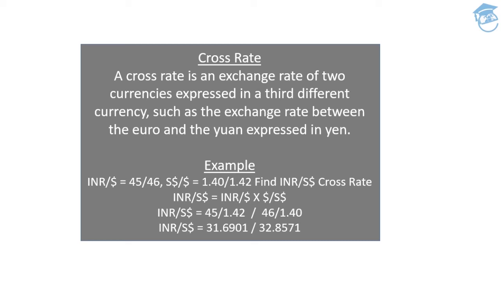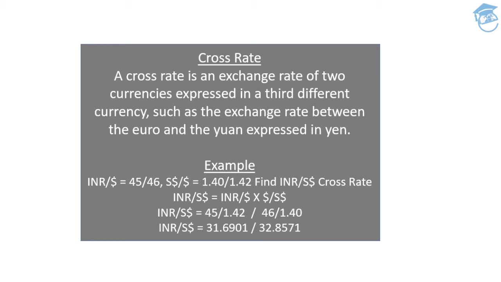This is what cross rate is all about. Just two points for you to understand, keep them in mind in a nutshell. Number one, ask will always remain higher than the bid. And secondly, the bank will take into consideration only the base currency. So if you are going to the bank and telling them that you need to sell this particular currency, the bank will say, don't tell me in this quote.